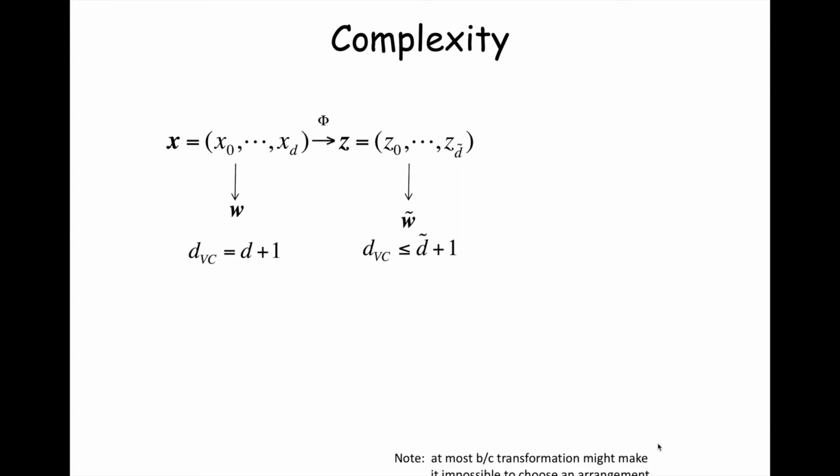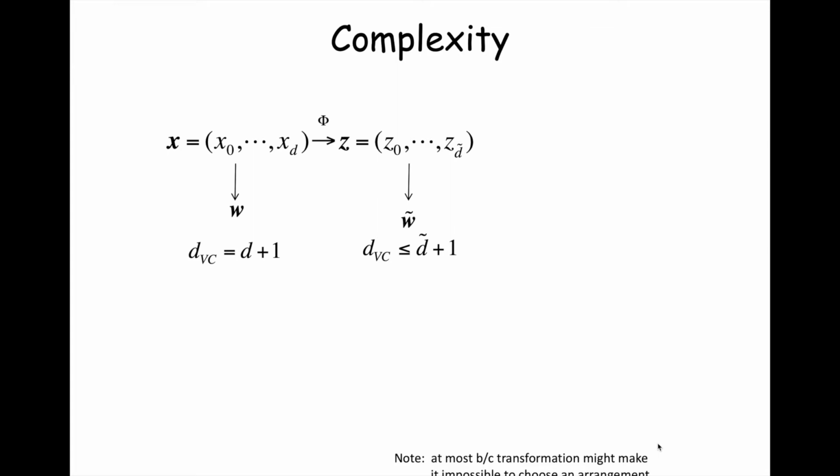And so if that's the case, well, certainly if you're trying to produce all 2 to the DVC many dichotomies in Z space, that becomes really hard to do if two original input vectors are mapped to the same exact Z vector in feature space. And so for that reason, this inequality holds: DVC in the transformed version of feature space is less than or equal to D tilde plus 1.